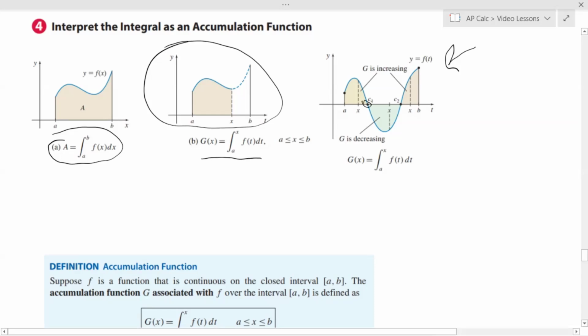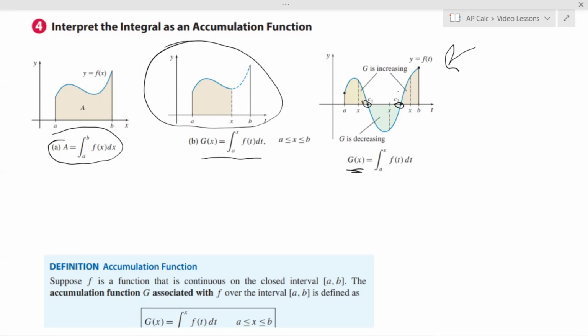f is non-negative. So as x increases from a to that point, the integral is going to accumulate in value and be increasing. Now, from c1 to c2, the function f has negative values, and so we're going to accumulate essentially negative values, which is going to cause g to decrease on the interval c1 to c2.